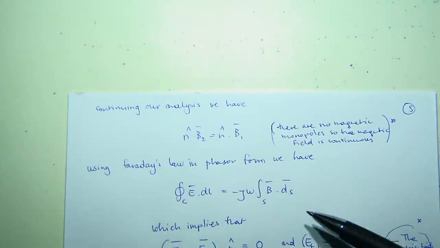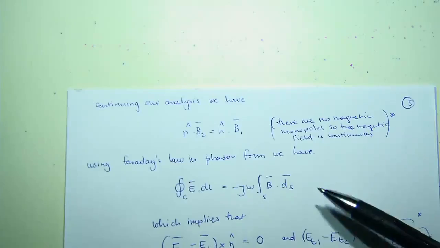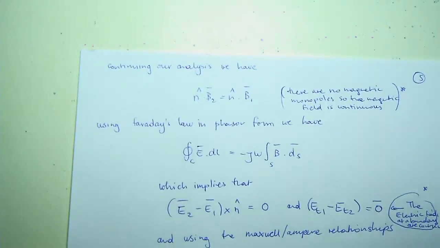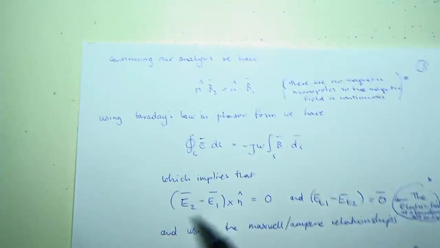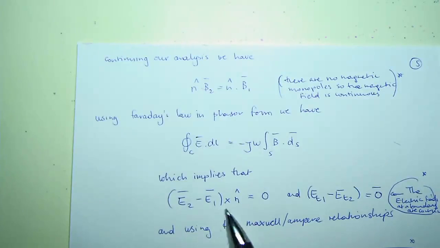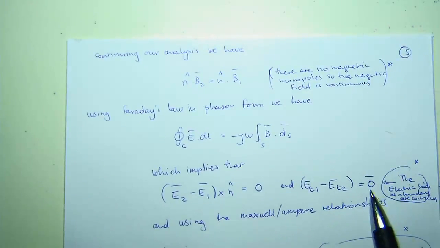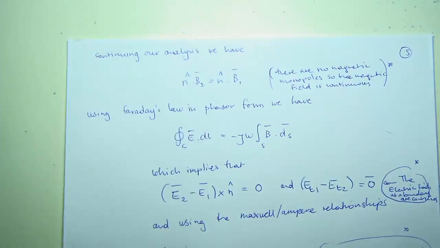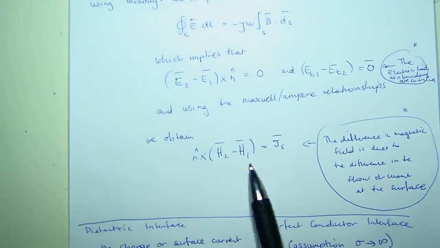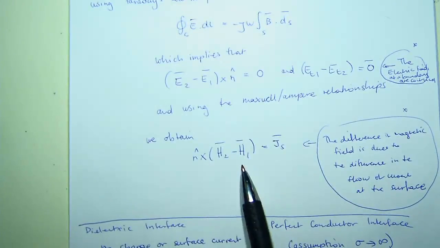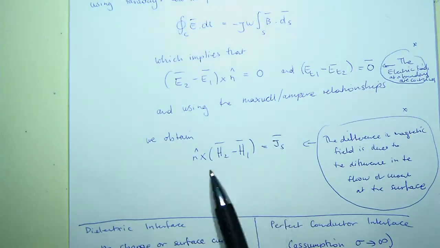Likewise, if we use Faraday's law in phasor form, we can show that the tangential component of the electric field also has to be continuous. And from the Maxwell-Ampere relationships, we also know that the difference in the magnetic field is equal to the current flowing on the surface.